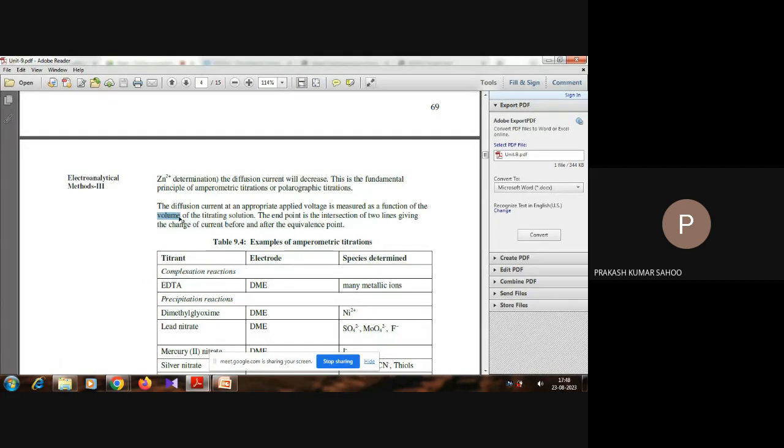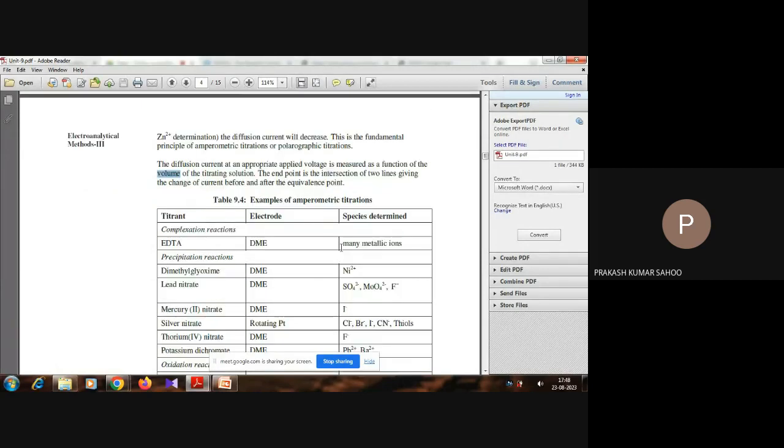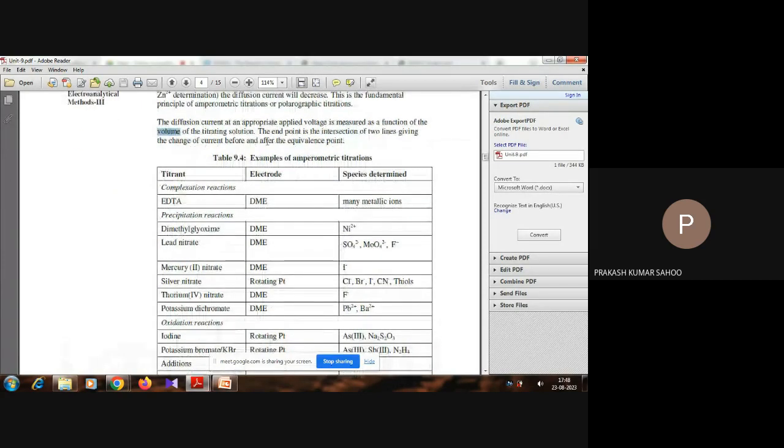So the equivalence point will be the intersection point of the two lines, that is a change in current with the volume of titrant added at the equivalence point.